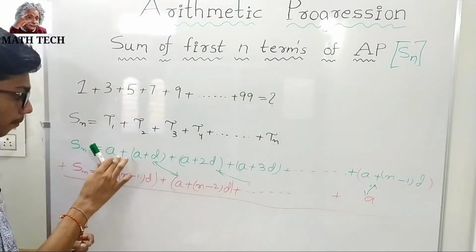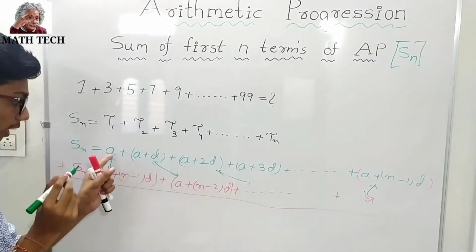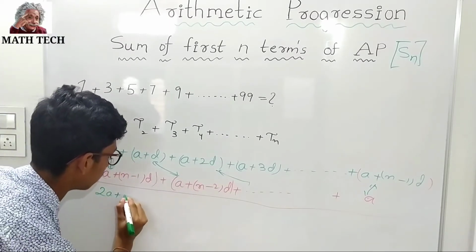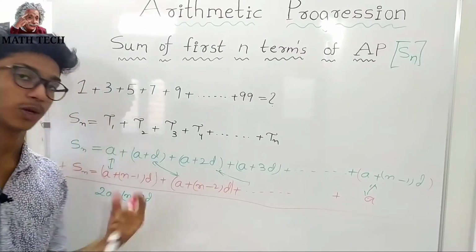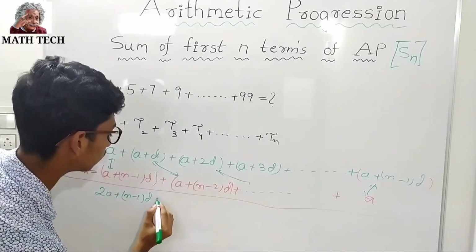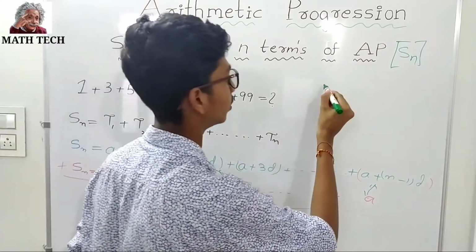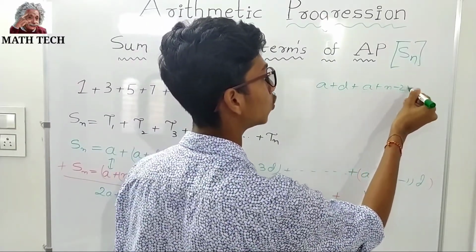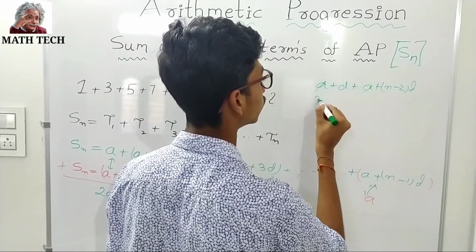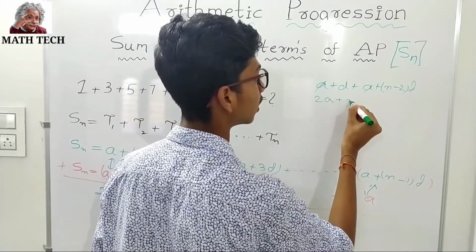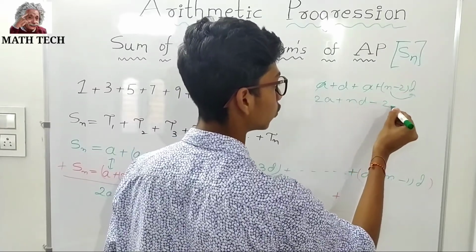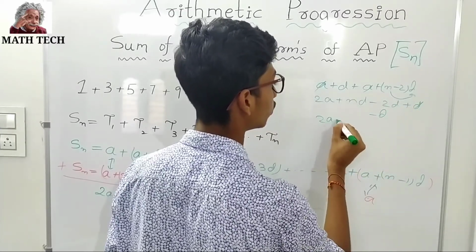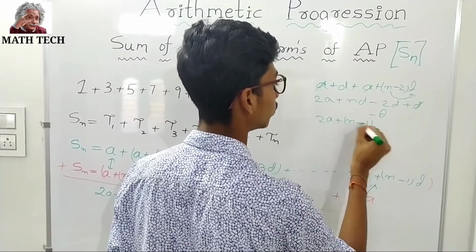Now a plus n minus 1 into D, a plus a is 2a, 2a plus n minus 1 into D. And then a plus D plus a plus n minus 2 into D. So a plus a is 2a, and if we expand this, nD minus 2D plus D, that is minus 2D plus D is minus D, that is again 2a plus n minus 1 into D.